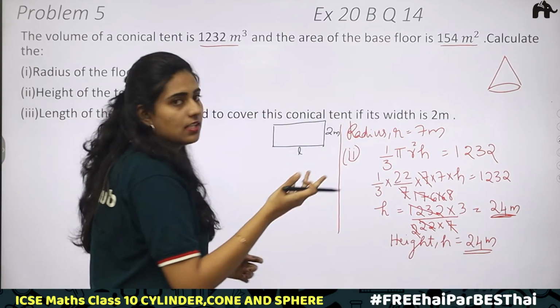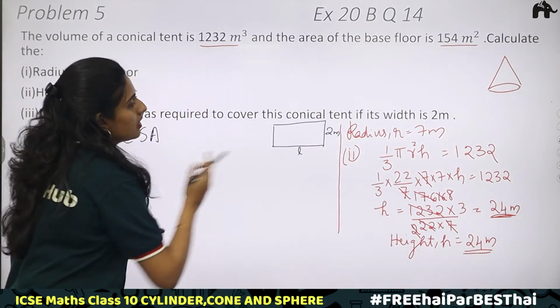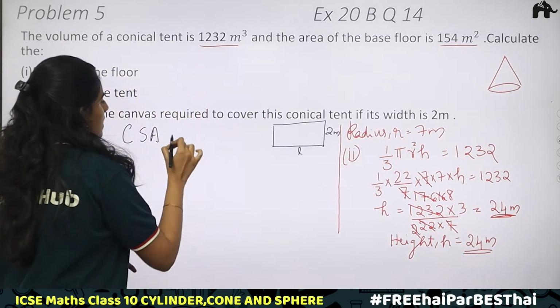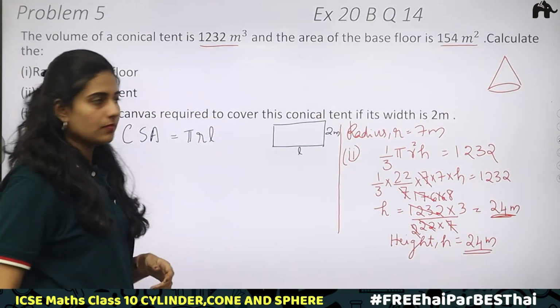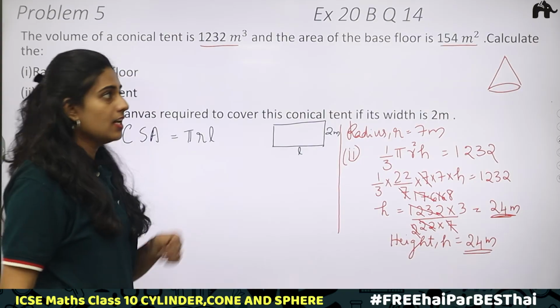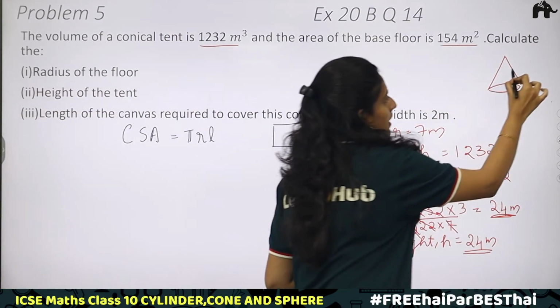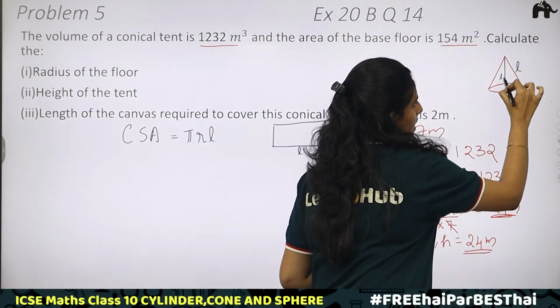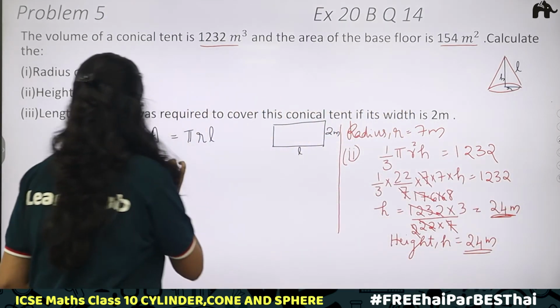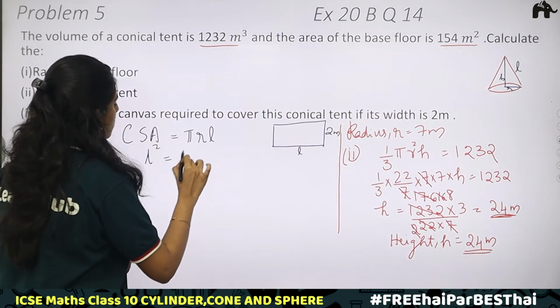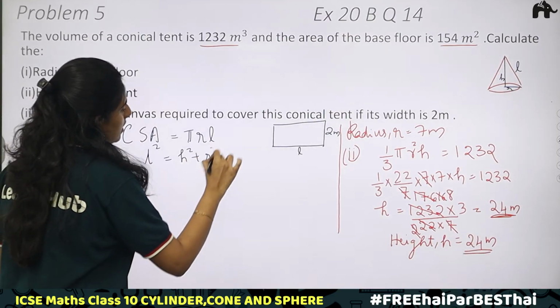Do we need the base? No, right? So we just need the curved surface area. Curved surface area of a cone is pi r L. Okay, L is the slant height. Now how to find L? Here we have L. This is height and this is radius. Then using Pythagoras theorem, we have L square is equal to h square plus r square.